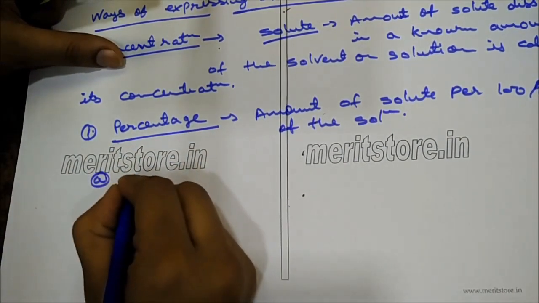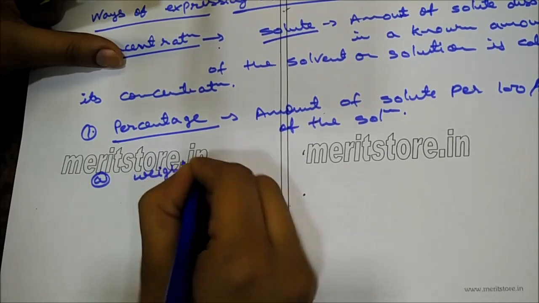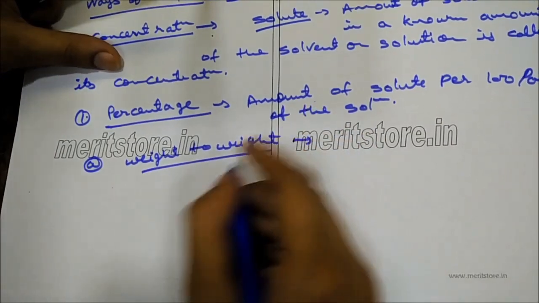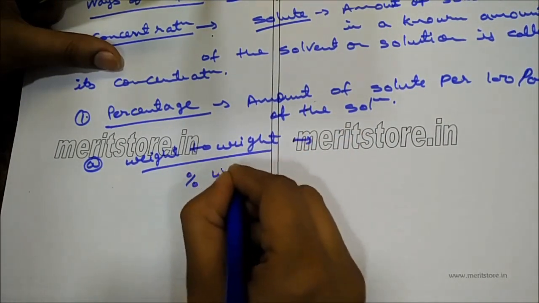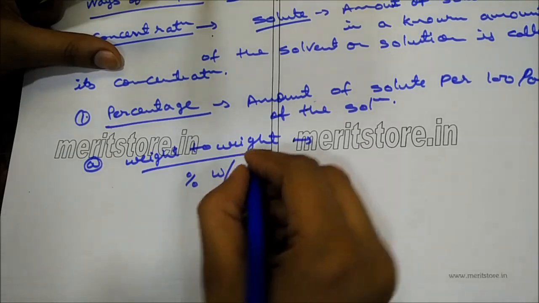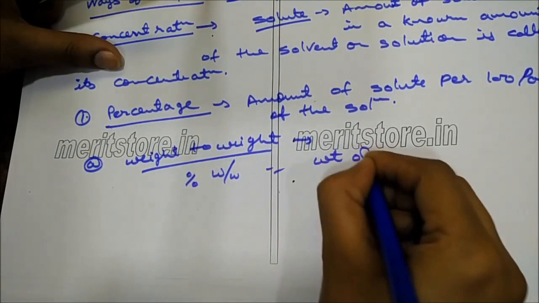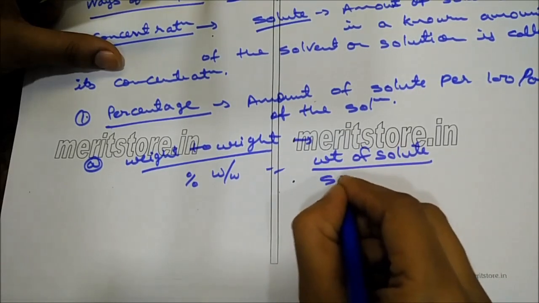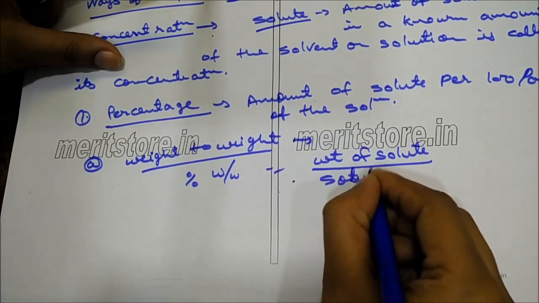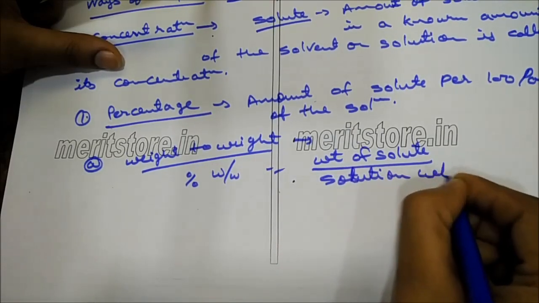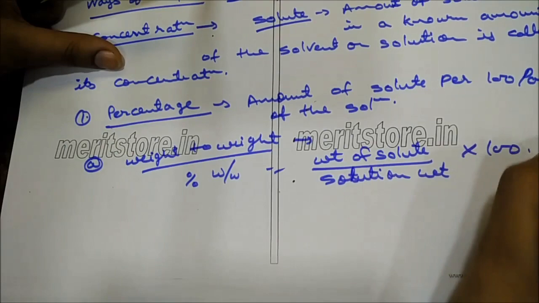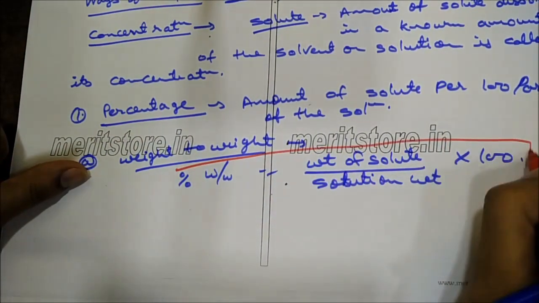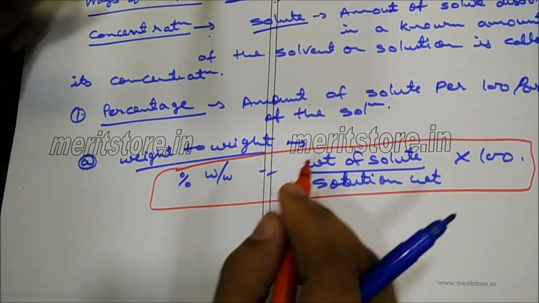The first is weight to weight. Weight to weight percentage is weight of solute divided by weight of solution, into 100. This is the concentration of weight to weight percentage.